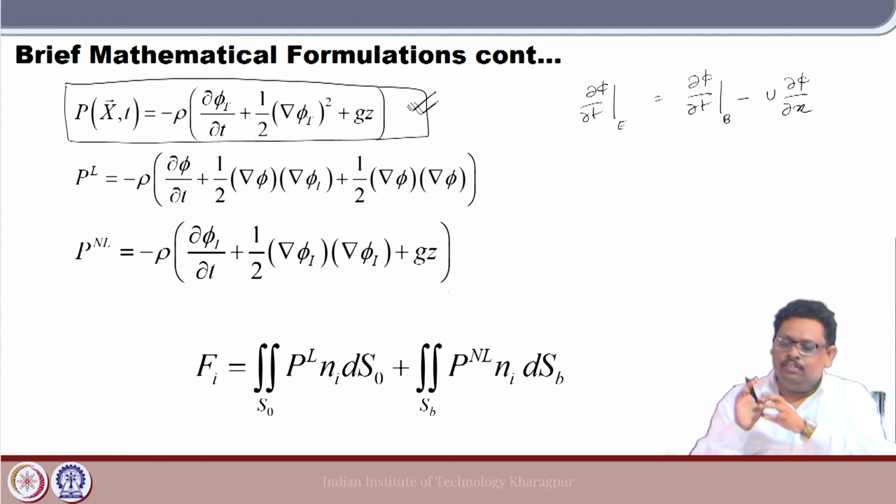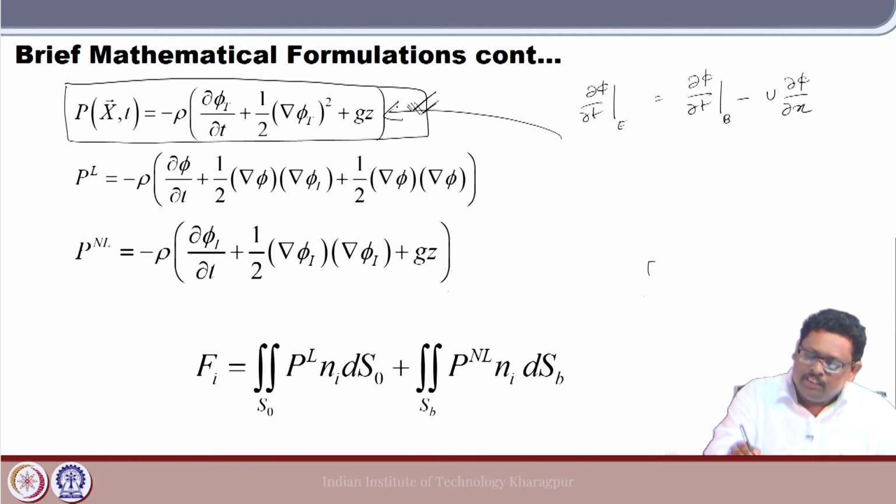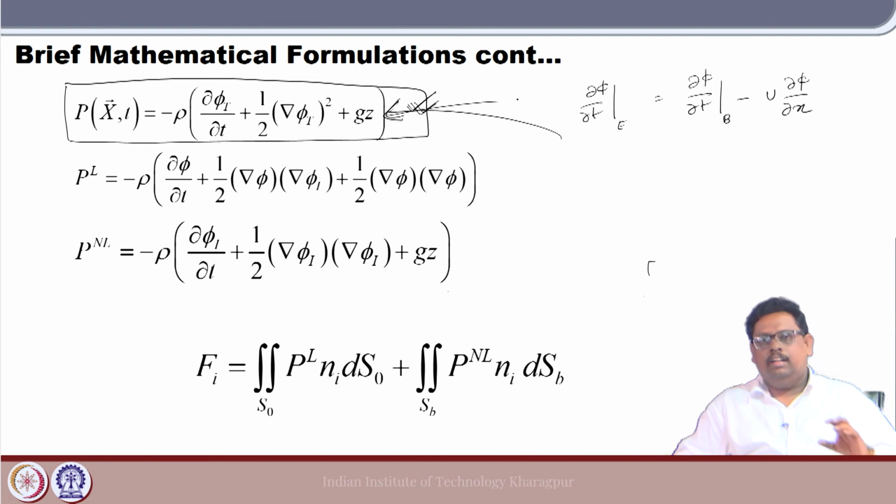And once we do that, everything is in an earth fixed system, then only we can apply the whole phi total, then only are you able to write the total phi t on this earth fixed system.